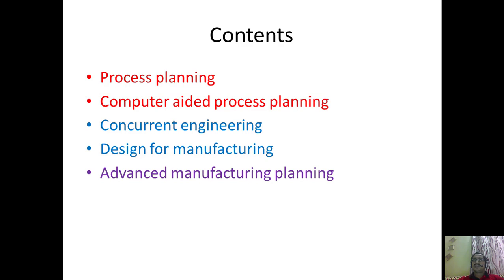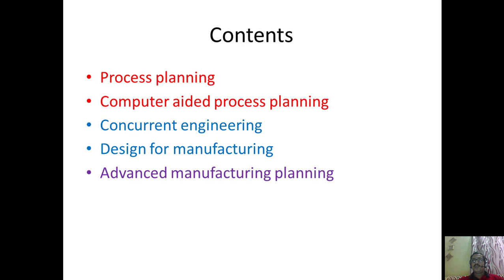That means you should understand the manufacturing systems in detail, then you can take a decision for the design alternatives. From the design alternatives, you can judge the best, feasible design, and get the optimum design in a better way. That is called design for manufacturability.